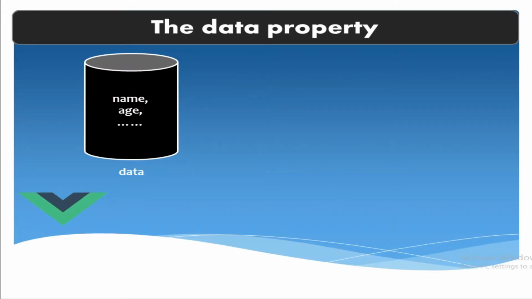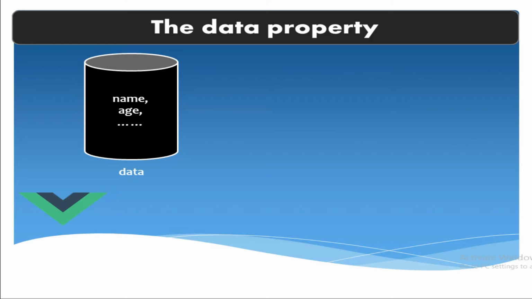Alright, so we have seen the reactivity for the properties inside the data. Now one more important thing that I would like to point out here is that the properties that we define within the data are pointing to the same reference. Now what does that mean? So basically, let's say we have a name and an age property.